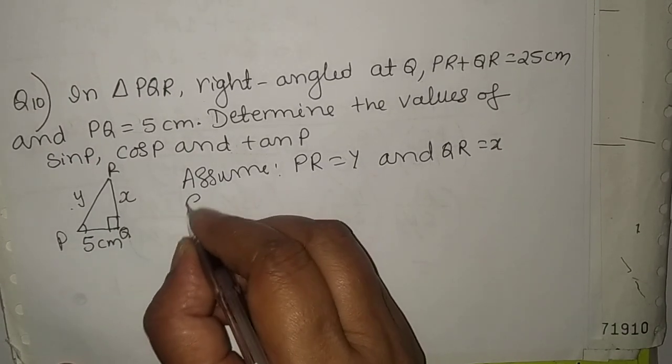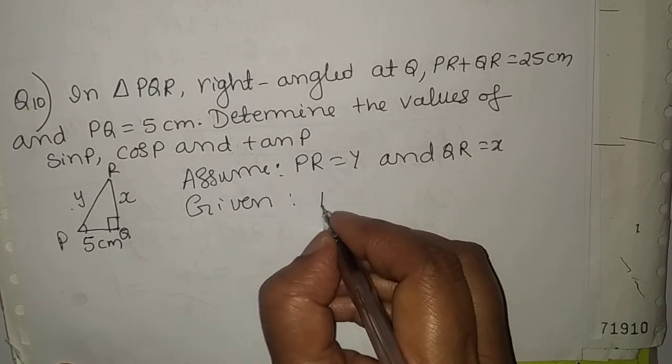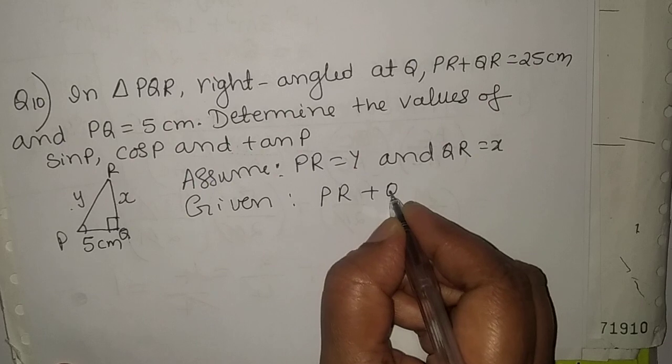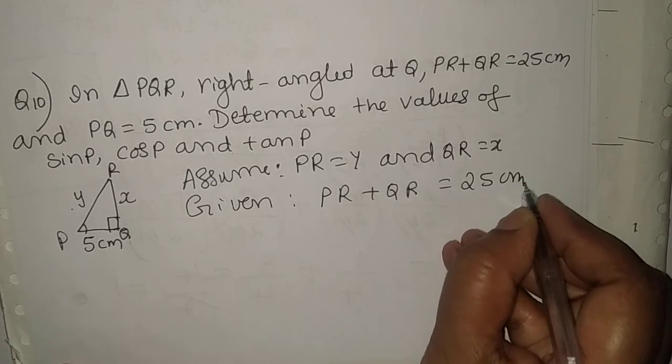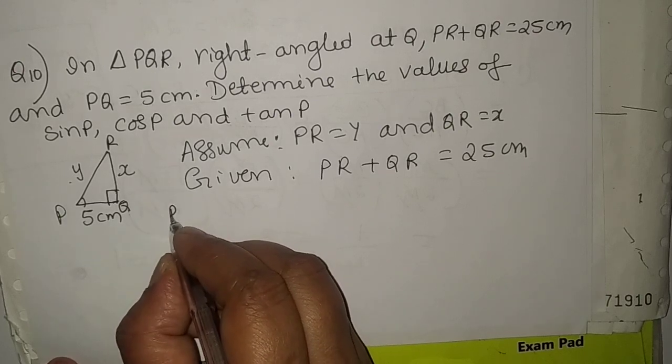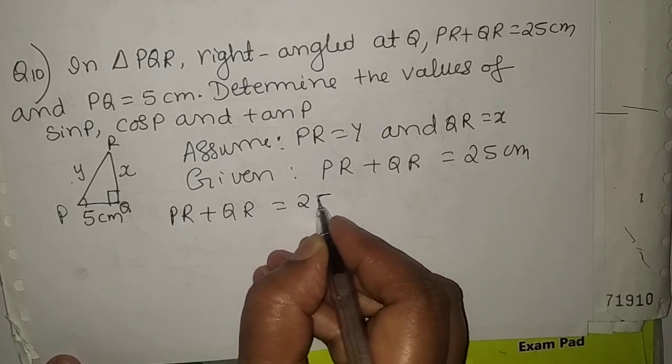Then what they have given is PR plus QR is equal to 25 centimeters. So first, PR plus QR is equal to 25.